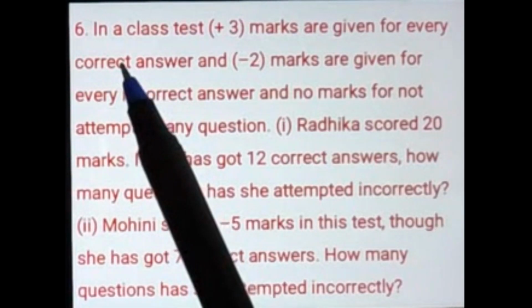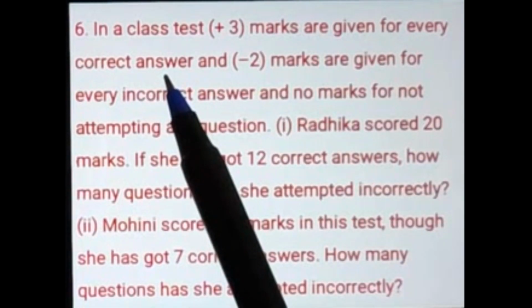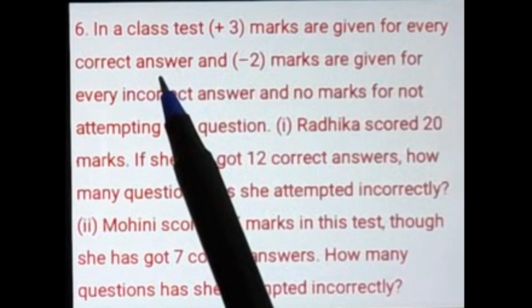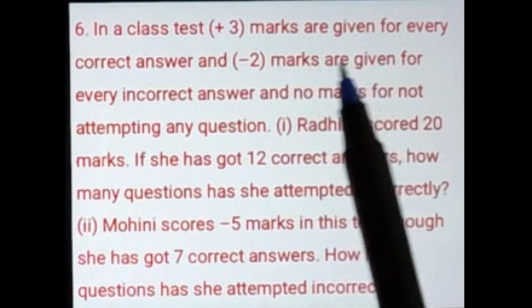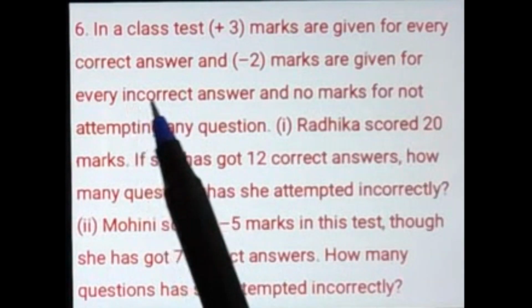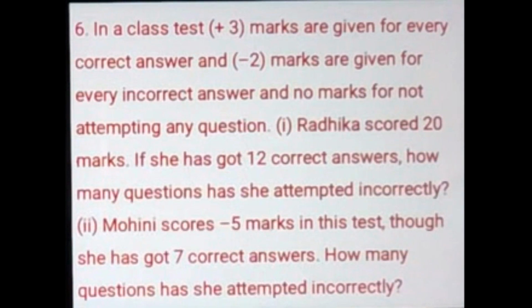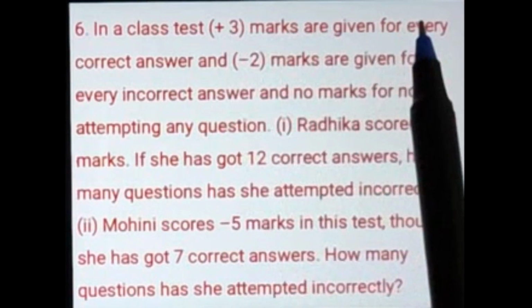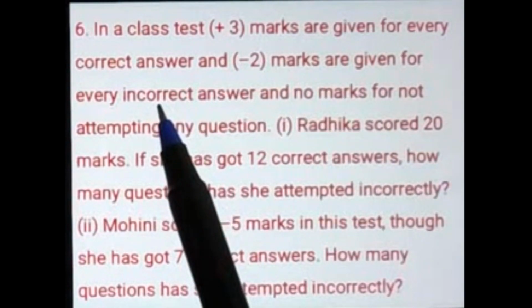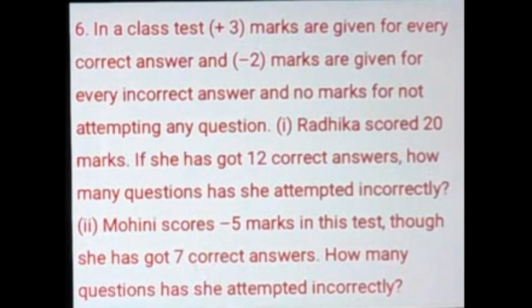So in a class test, plus 3 marks are given for every correct answer and minus 2 marks for every incorrect answer, and no marks for not attempting any question. Remember, plus 3 marks for every correct answer, minus 2 marks for every incorrect answer, and there were no marks for not attempting any question. Alright, so using this idea, we have to solve.